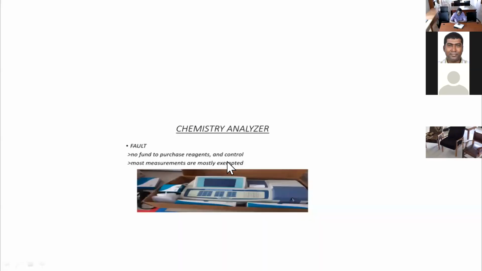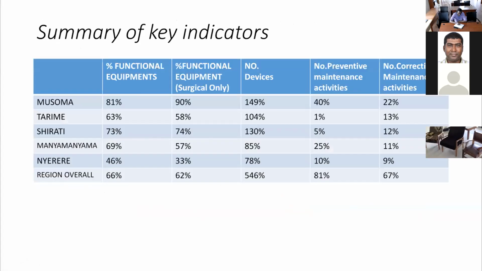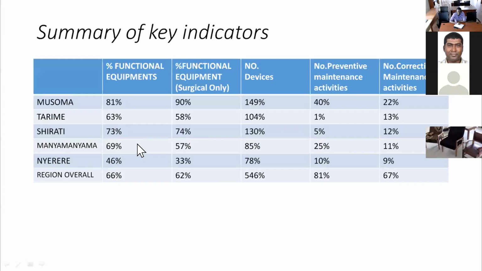But I've seen for Manyamanyama, it is 57% of all the equipment, and Nyerere is only up to 33% in the surgical unit. I just wanted an explanation, as a point of discussion, as to why these big differences between these hospitals. So maybe we can discuss it during the discussion time. So maybe we can just think about it for now.